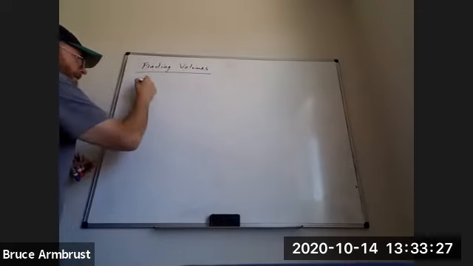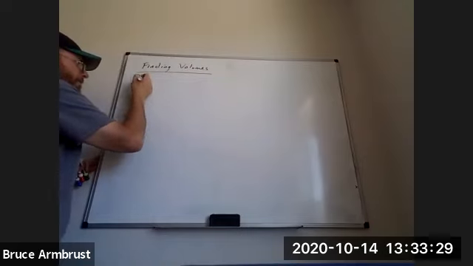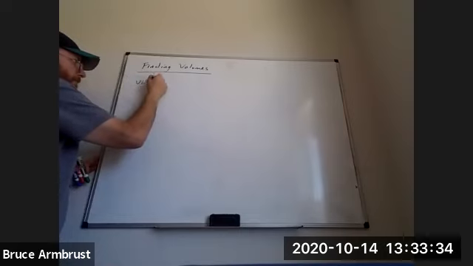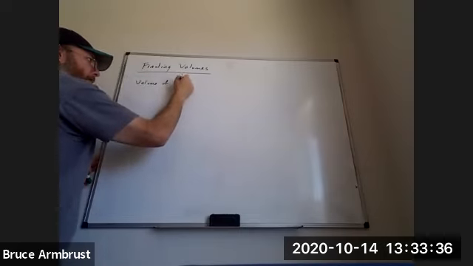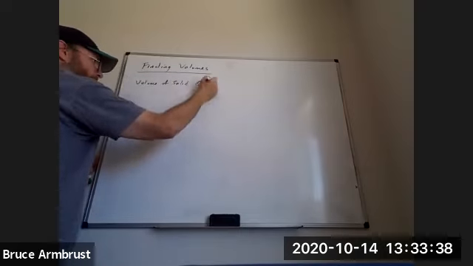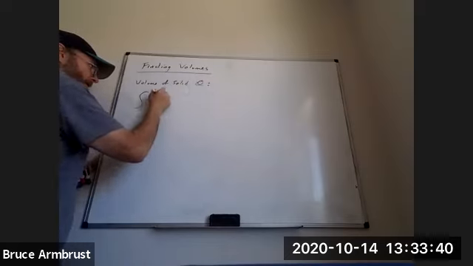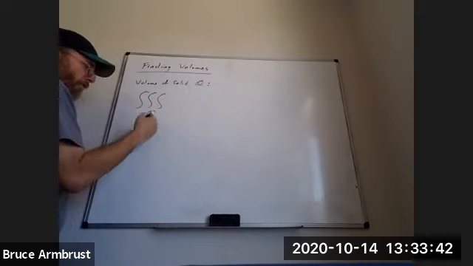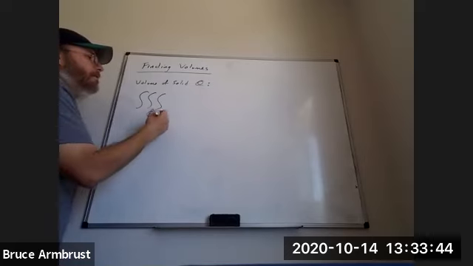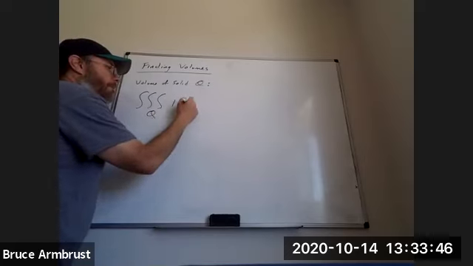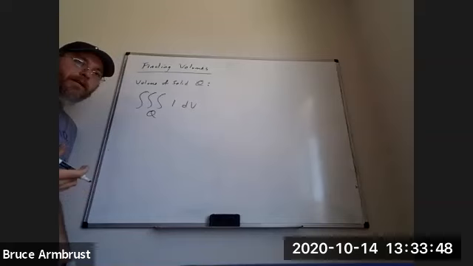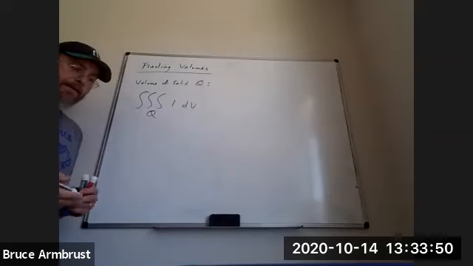Okay, so basically, if you want to find the volume of some spatial region Q, the volume of the solid Q, what you're going to do is integrate over that region 1 dV.